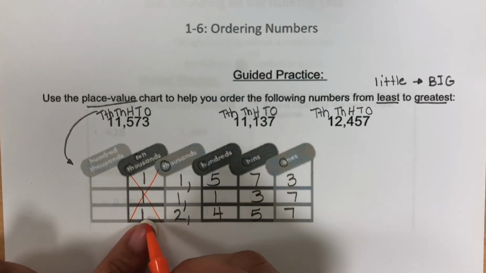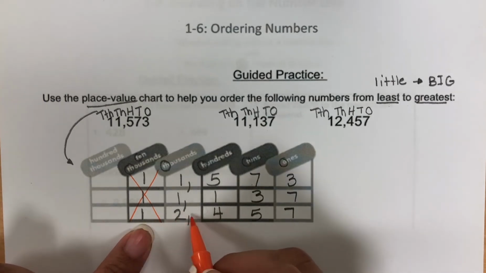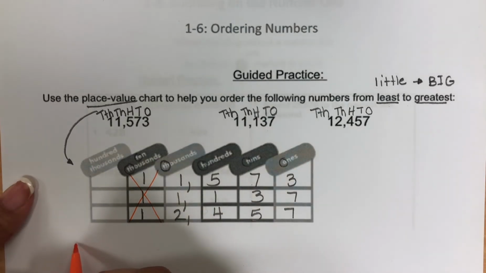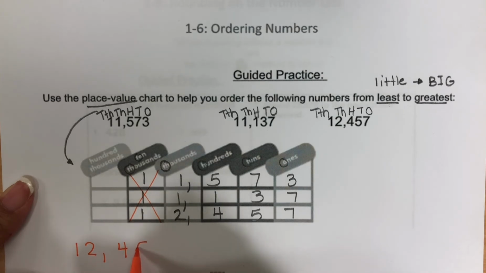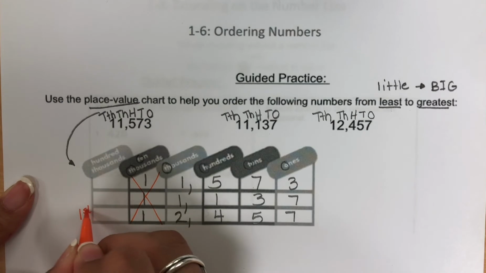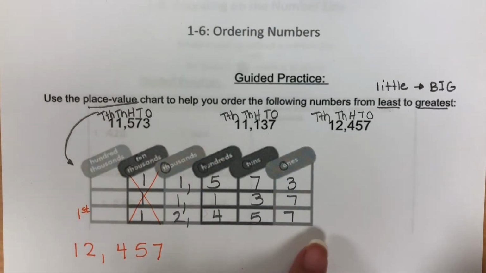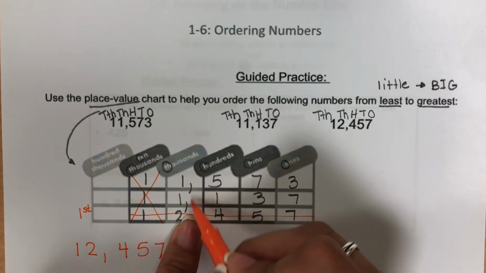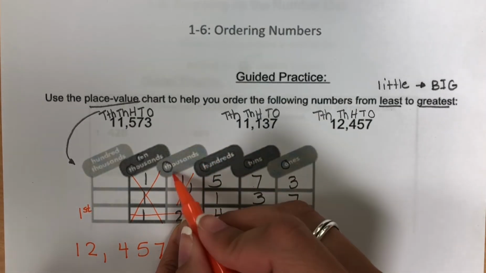So that means that 12,457 needs to go first. So we have 12,457 is first. I'm going to put a little first next to it to show that I've used this number. I'm going to lightly cross it out. So now I'm left with my two 1,000 numbers. Again, they're the same, so I'm going to cross that out.